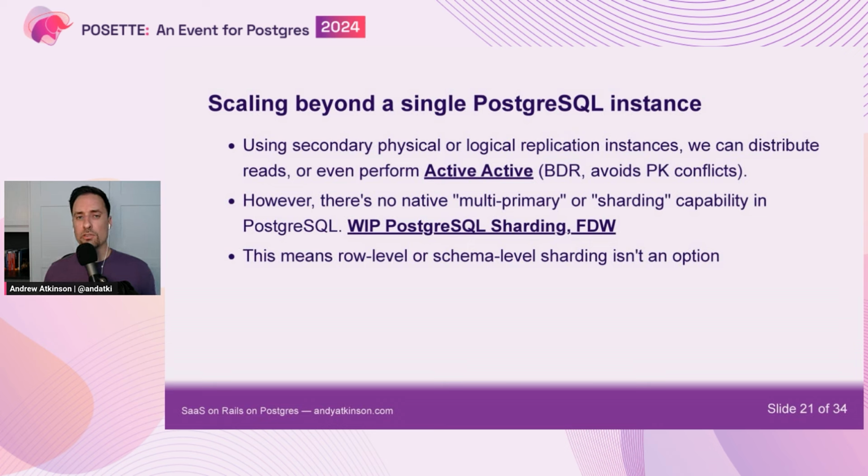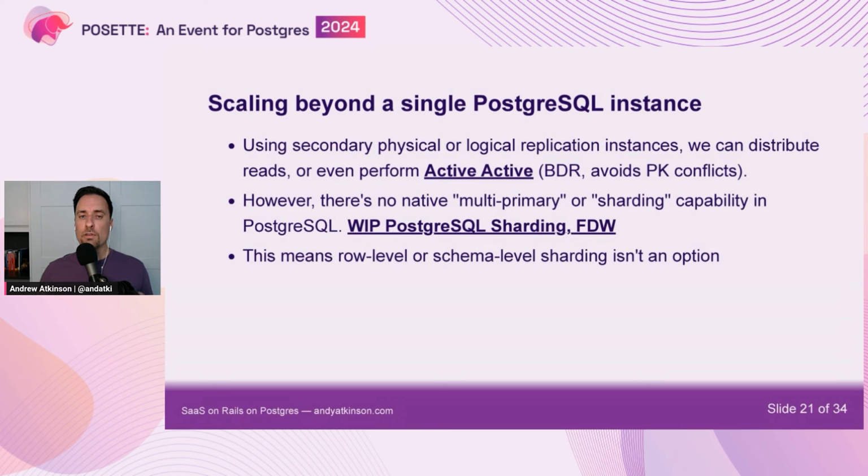And there's even some interesting new capabilities with logical replication where we can take advantage of active-active replication with bidirectional replication. There's an example I have linked here that shows how to avoid primary key conflicts where you're receiving active writes on two different logical replica instances. But this all being said, these are still the capabilities of kind of traditional single instance Postgres.